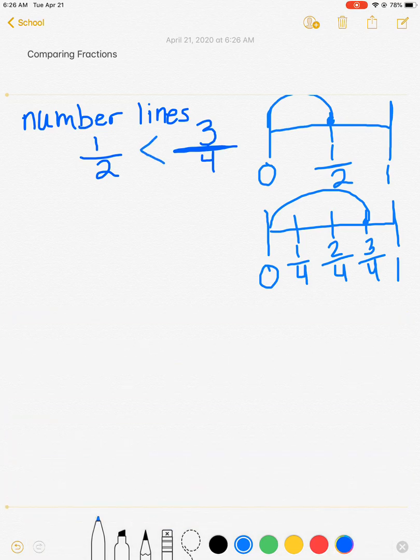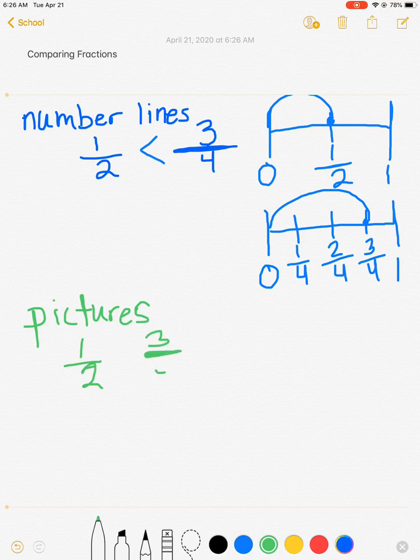Let's look at some more tools. We could also draw some pictures to compare. Pictures or models. So let's use the same fractions, 1/2 and 3/4.